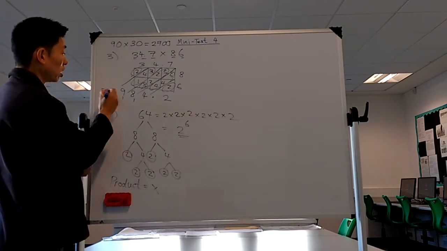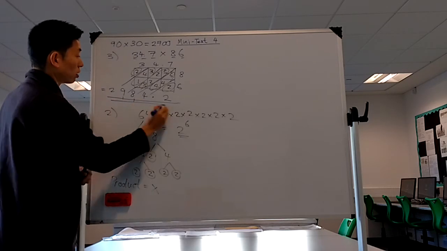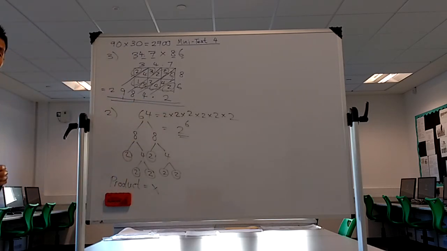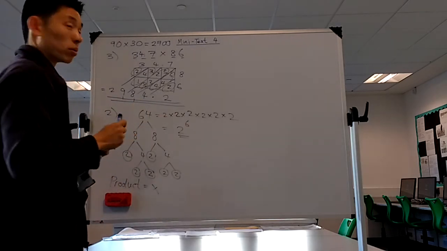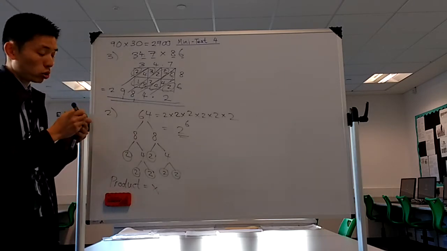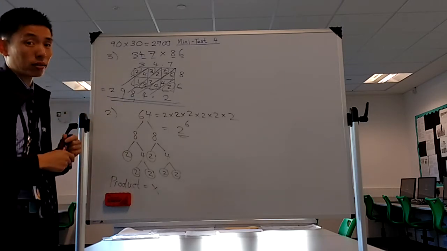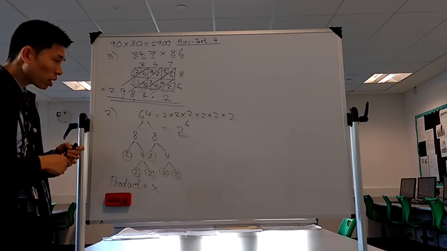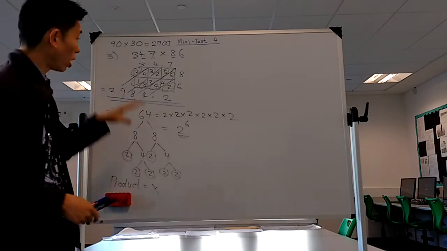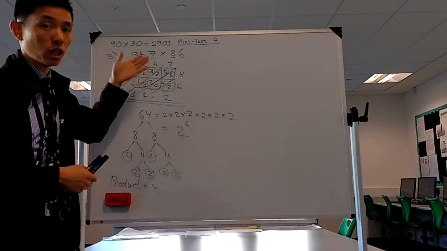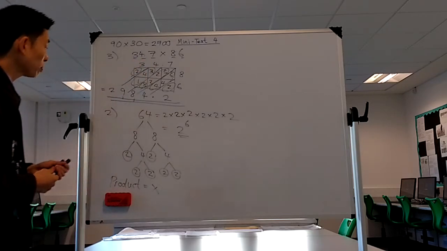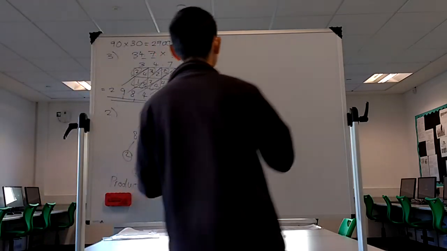So the answer is 2984.2. So that's how you do it. This is the most used by our students here. Next time, in a different video, I'll use the traditional column method. Okay, so question 4.